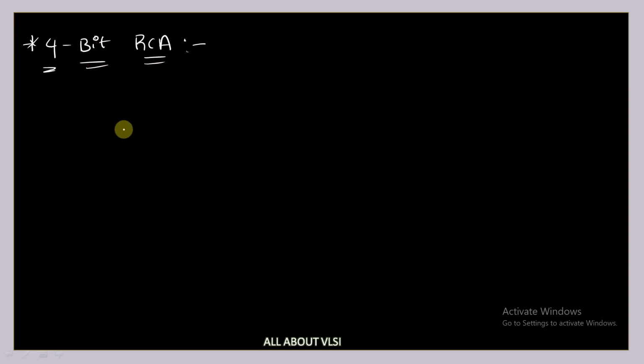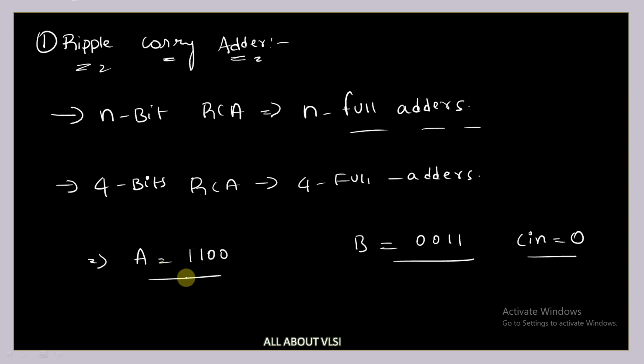As discussed, this 4-bit RCA is going to have 4 full adders. Let's say this is A3, our MSB, and this is A0, our LSB.